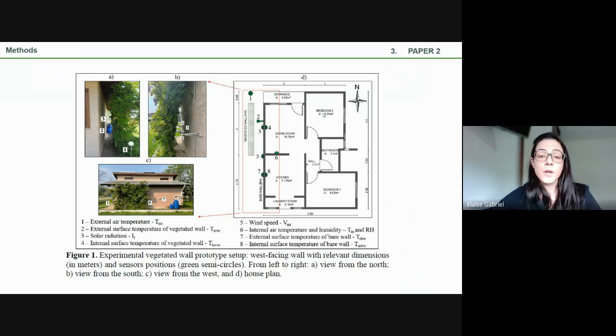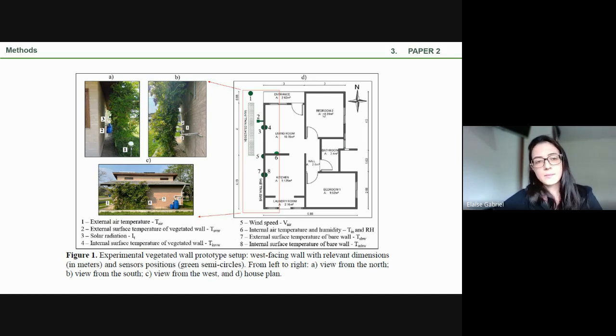a bare wall, and we compared the two walls to see how the plant coverage could reduce the heat fluxes through the walls. So we monitored various climate parameters, such as the external and internal temperatures, the wind speed, the solar radiation, and the surface temperatures of the walls, every 5 minutes over 2 years.